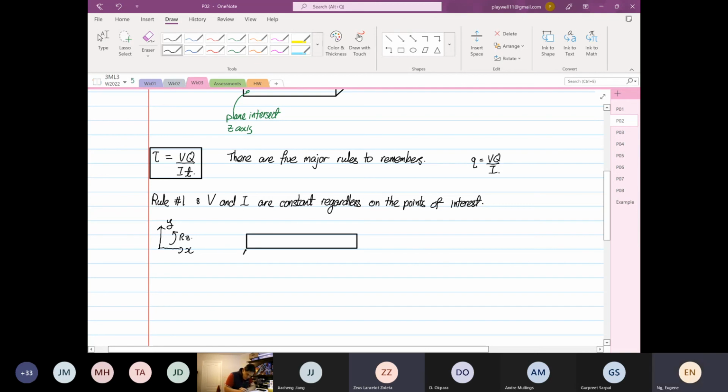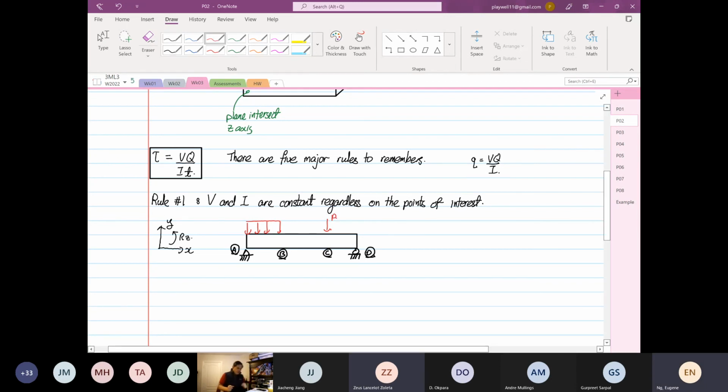This is point A. A pin and a roller. And then we have our load that is evenly distributed and a point load down here. So this is our point A, this is our point B, this is our point C, this is our point D. And we have a load down here, which is P.